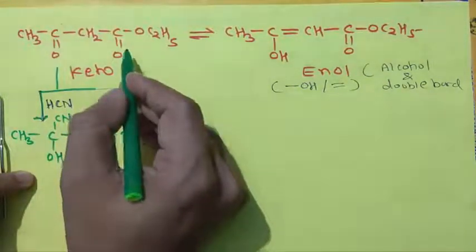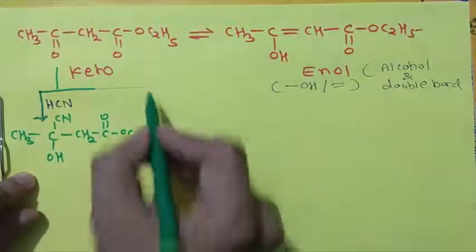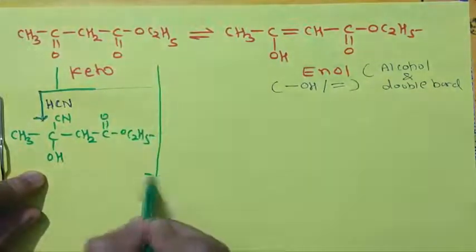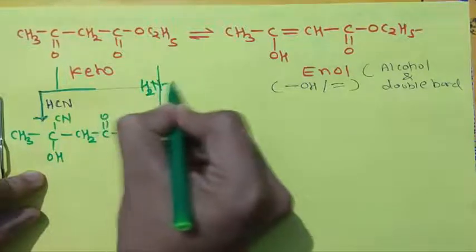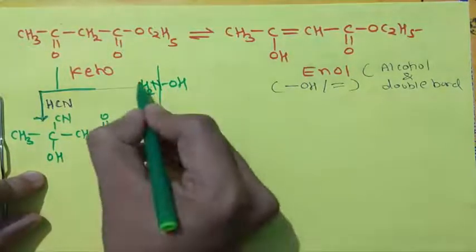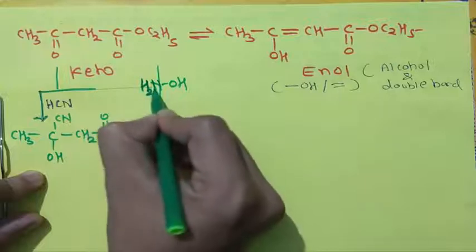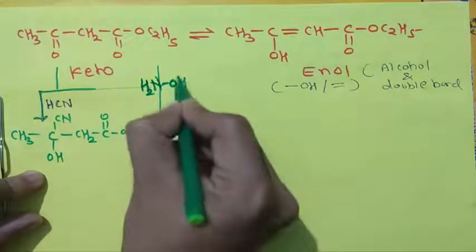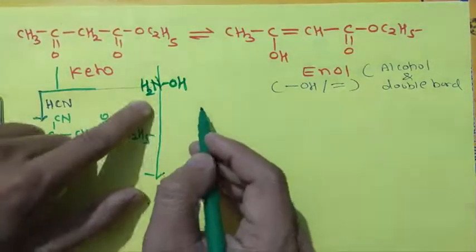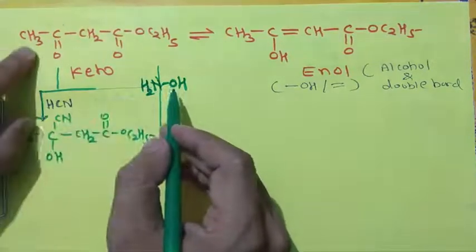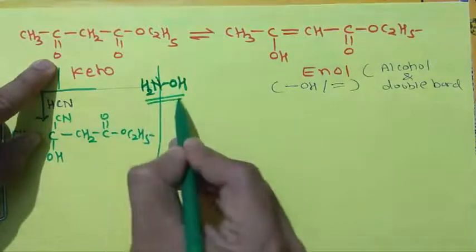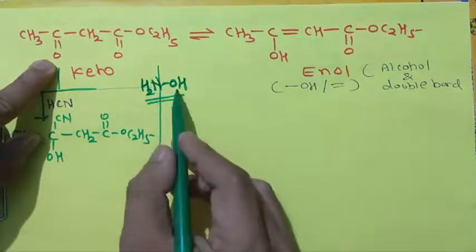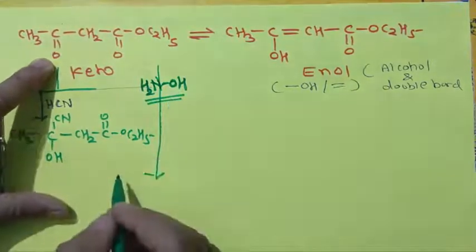Then this keto group also gives a reaction with H2NOH, hydroxylamine. The carbonyl group of ethyl acetoacetate reacts with this compound, NH2OH, hydroxylamine. What happens here?